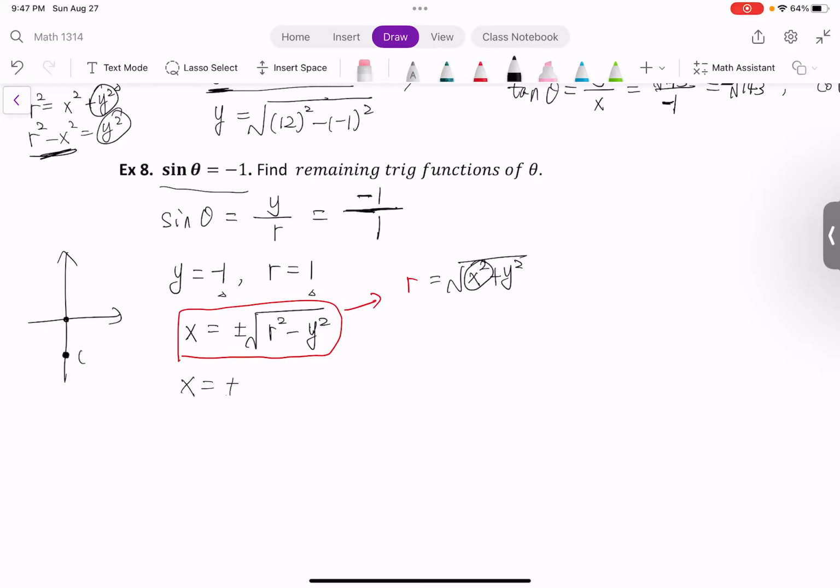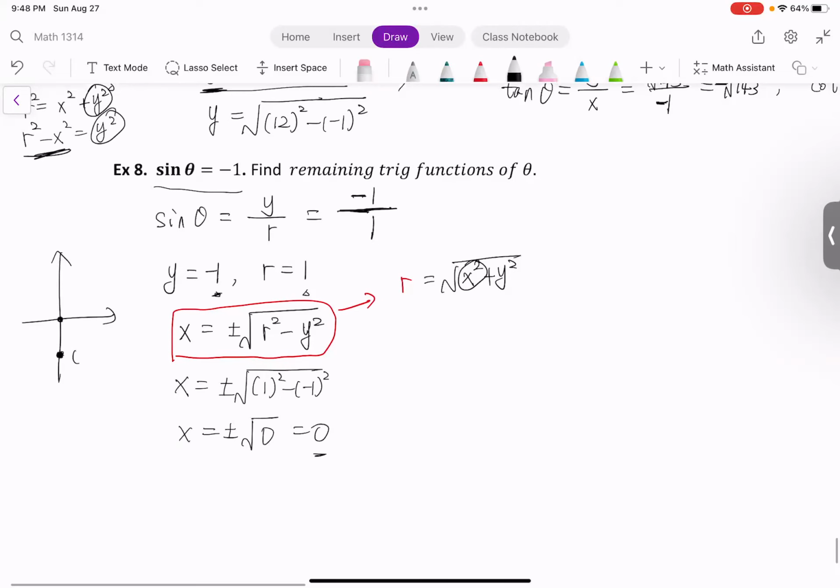X equals positive or negative square root of 1 squared minus negative 1 squared. X equals square root of 0. That is 0. So I have the x value 0, y equals negative 1. It is the point here. So we have 0, negative 1.